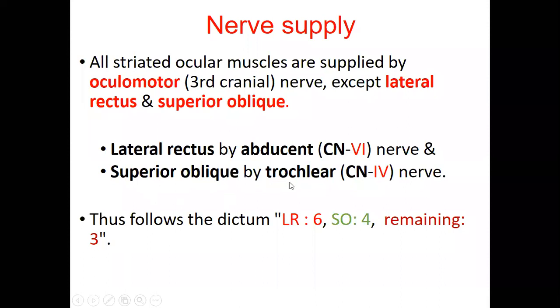Superior oblique is supplied by trochlear nerve, the fourth cranial nerve. You can remember the nerve supply by LR6, SO4, remaining 3. LR means lateral rectus by 6th cranial nerve, the abducens nerve. SO4, superior oblique by 4th cranial or trochlear nerve, and remaining muscles are supplied by the third cranial or oculomotor nerve.